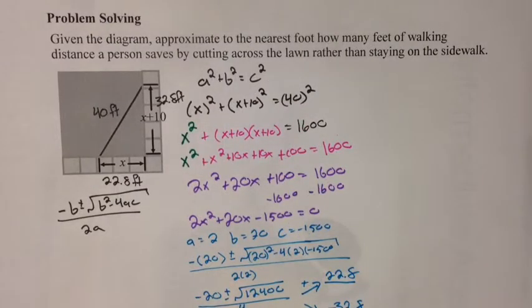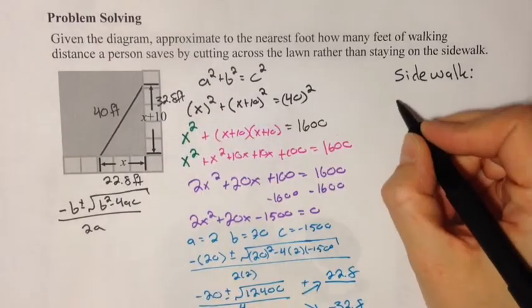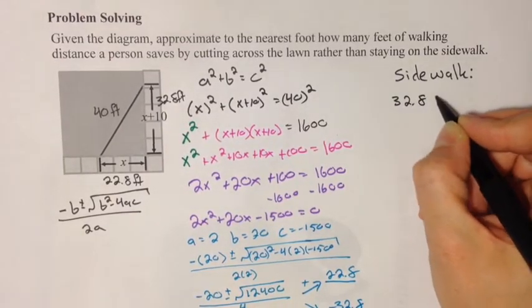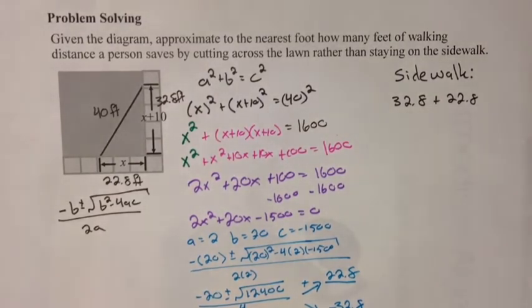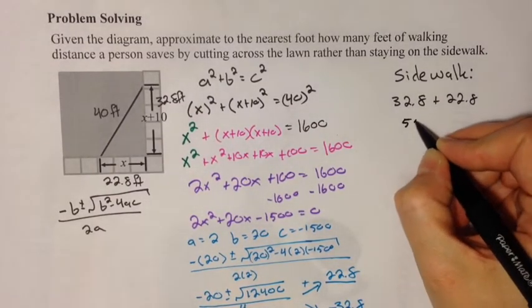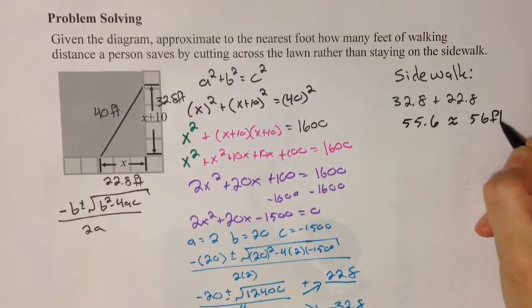Finally, let's go back and just remember what this problem was asking for. It wanted to know, approximately to the nearest foot, how many feet of walking distance a person saves by cutting across the lawn rather than staying on the sidewalk. So if they stay on the sidewalk, how far do they have to go? On the sidewalk, they'll have to go the 32.8 feet, and then they'll also have to go the other 22.8 feet, for a total of 55.6 feet, which is about 56 feet.